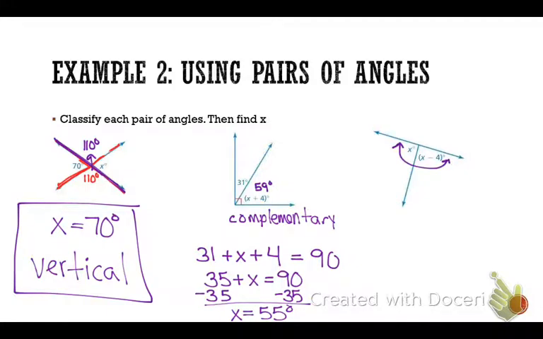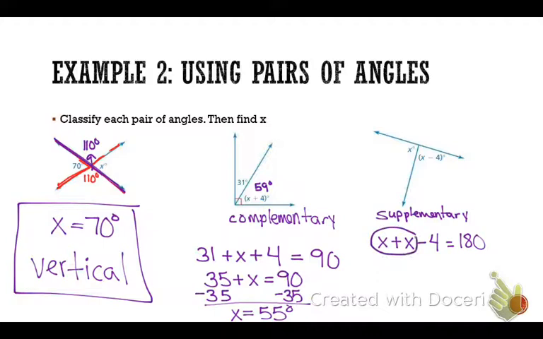So they're supplementary because they have to add up to 180. So x plus x minus 4 equals 180. What I'm saying is these two angles will add together to equal 180. What's x plus x? 2x. 2x minus 4 equals 180.